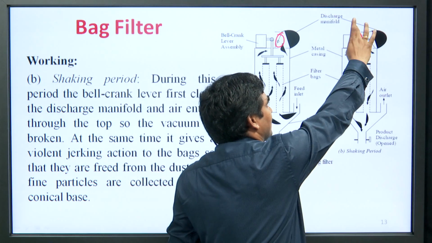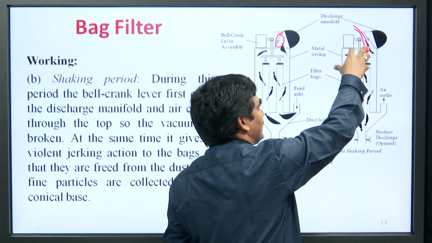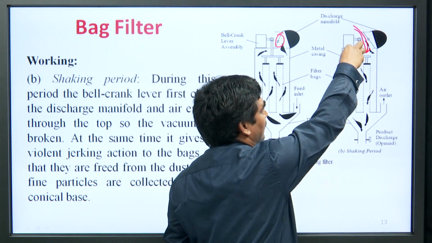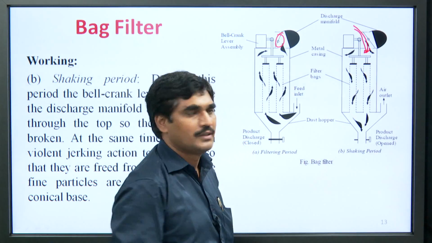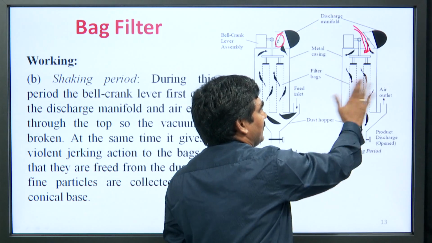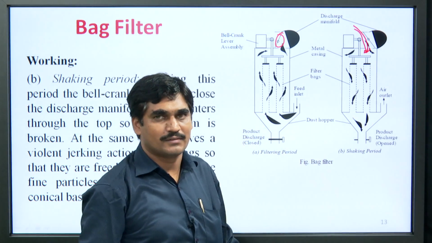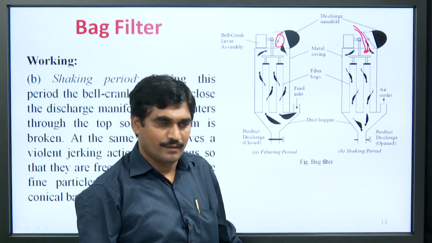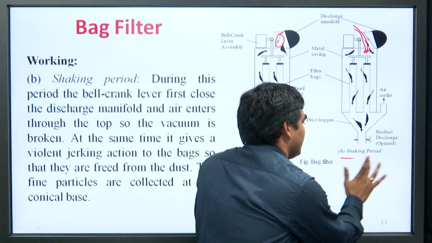As soon as air, or we can say pressure, is applied into this section after breaking the vacuum, due to this air coming in, the bag filters are shaken. That is why it is called the shaking period.